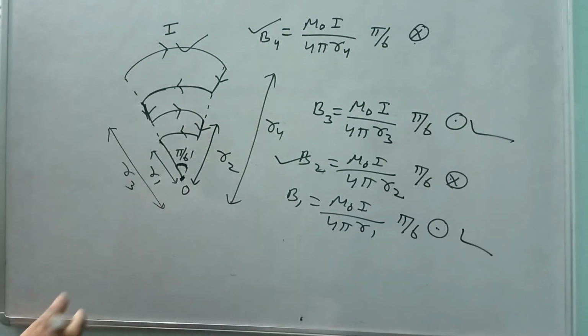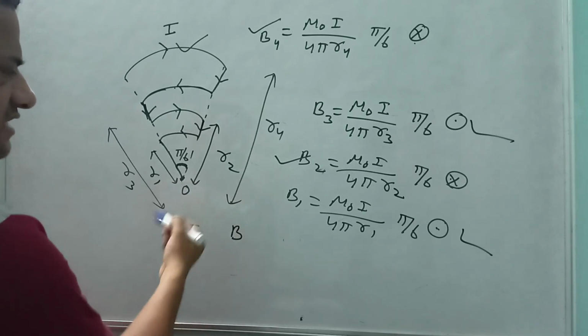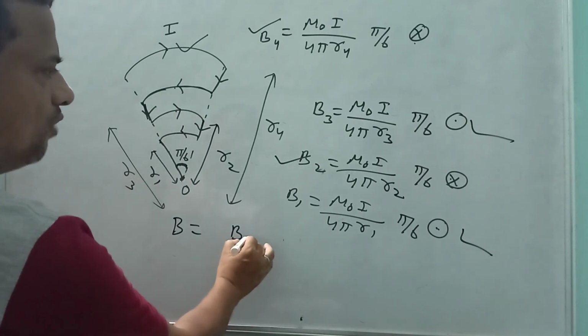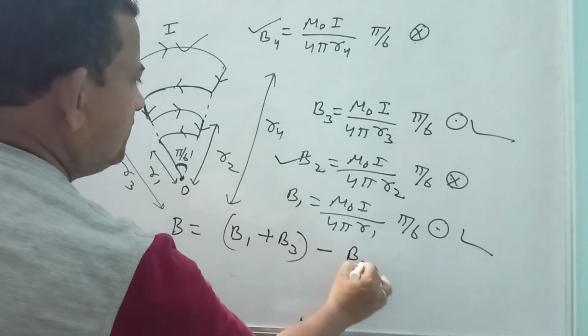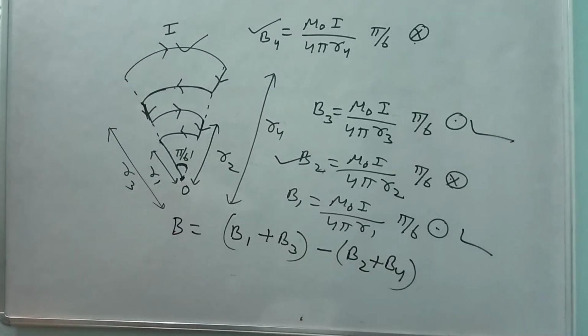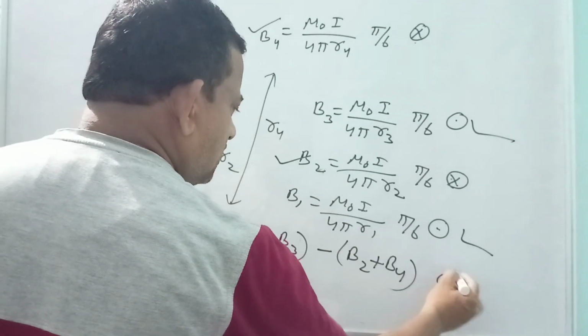Then the net magnetic field will be B equal to B1 plus B3 minus B2 plus B4, if you take that, and it will be in the outward direction.